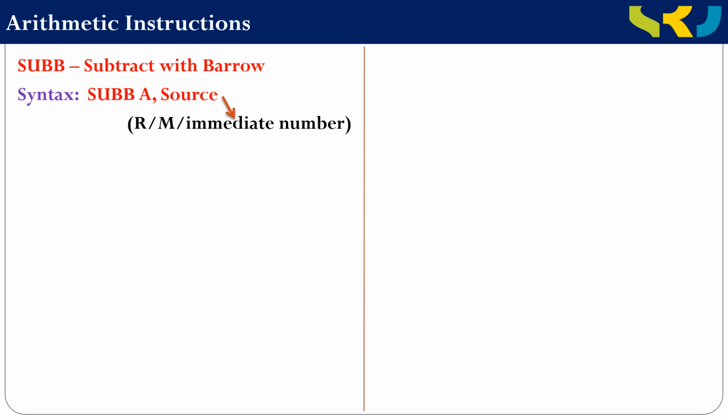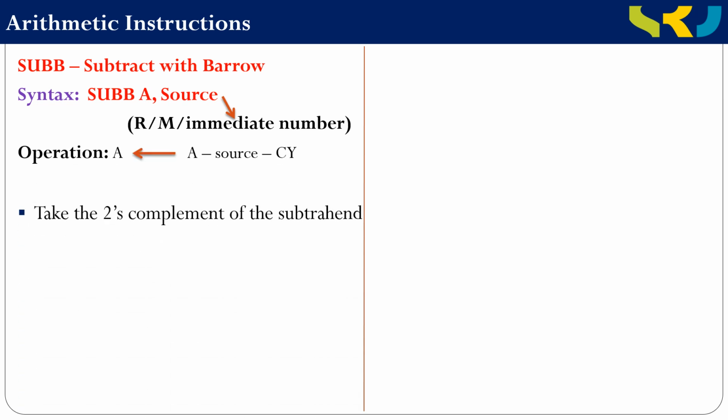Let us see first what algorithm we need to follow for 2's complement addition. In 2's complement addition, we need to follow a procedure that has 3 steps. Let us consider these 3 steps.